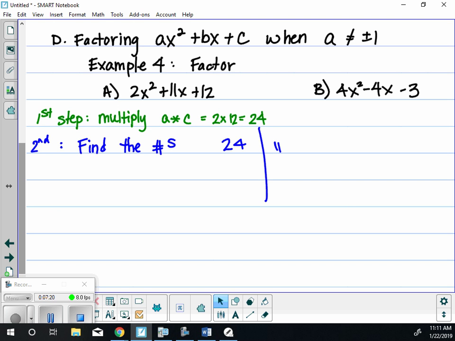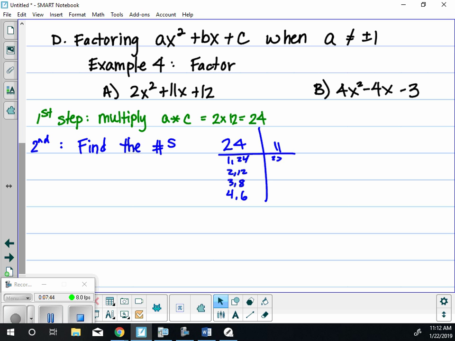So factors of 24, I could do 1 and 24, 2 and 12, 3 and 8, 4 and 6. Because I have a positive 2 out front and a positive 12, positive 11, everything's going to be positive.